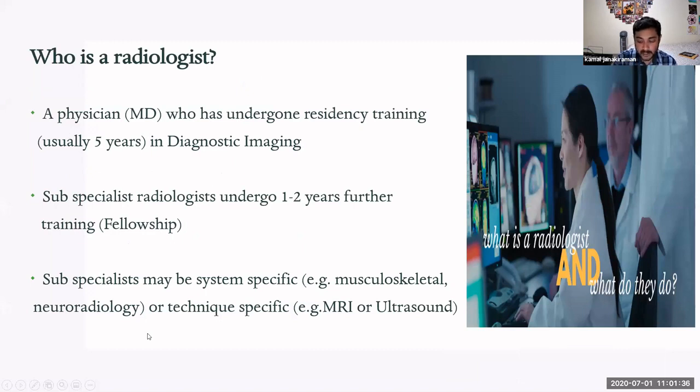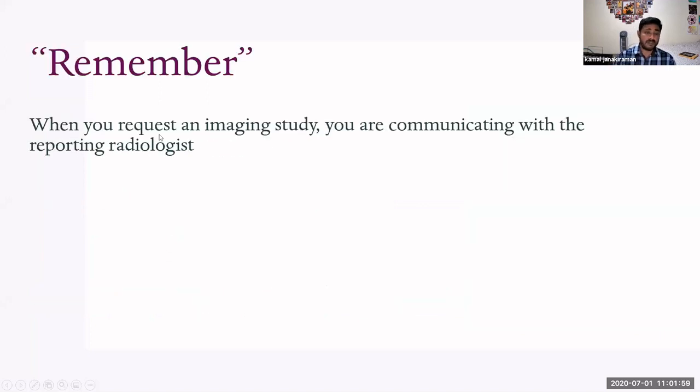Before that, who is a radiologist? A physician who has undergone residency training, usually 5 years in diagnostic imaging. The subspecialist radiologists undergo 1-2 years of further training. The subspecialist may be system specific or technique specific.